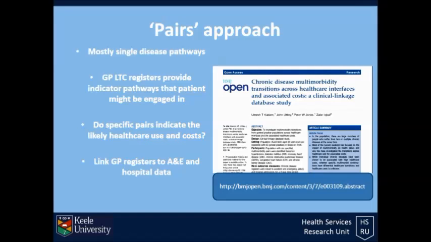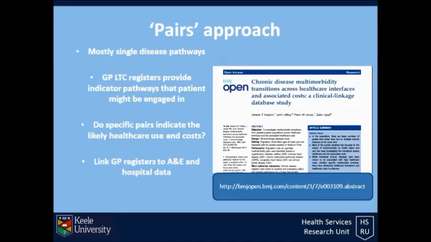Locally, our team took part in the Year of the Care project. We used the complex BUPA risk score approach, but we also devised another approach, which we call the pairs approach. We know a lot of patients with long-term conditions are engaged in single disease pathways. We also know GP practices routinely have long-term condition registers, and by using these registers we can identify indicator pathways that the patients might be engaged in.